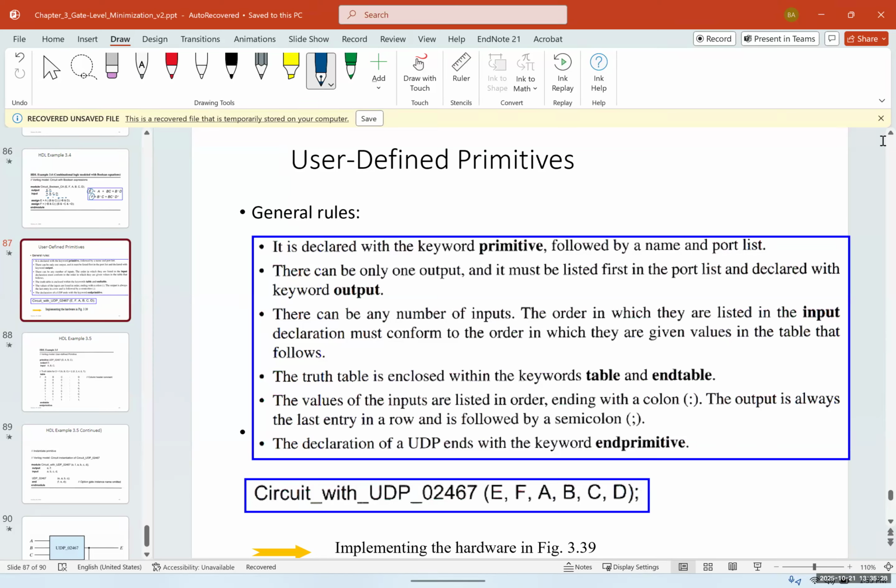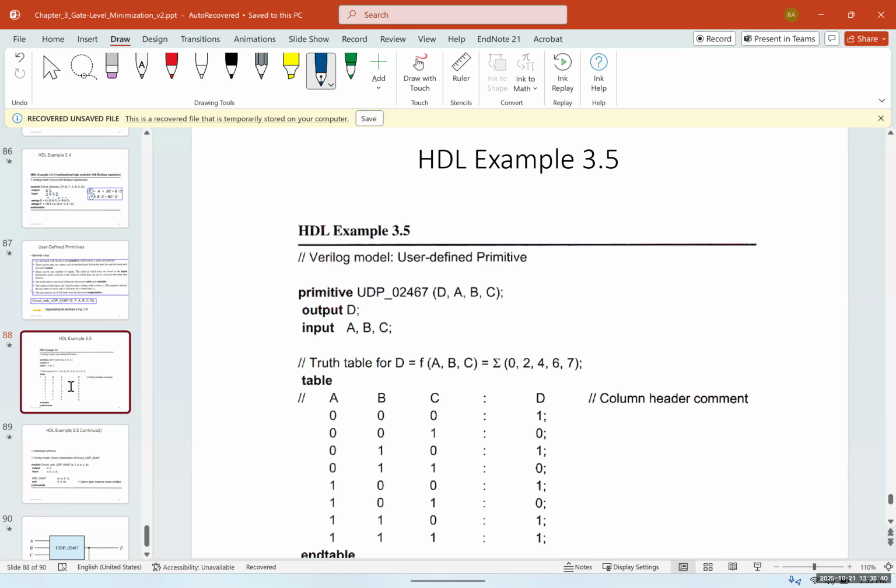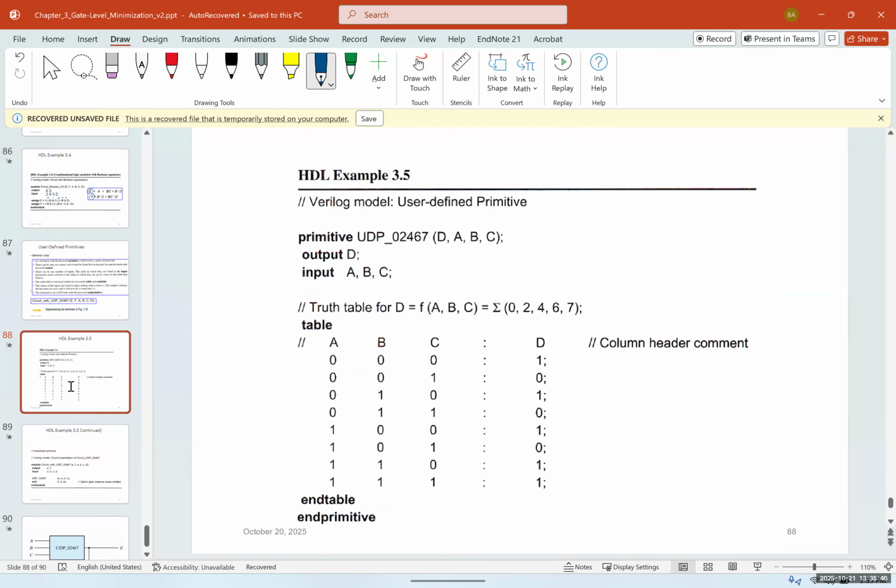The declaration of a UDP, or user-defined primitive, ends with the keyword end primitive. So here is an example of a UDP primitive, and we have the inputs and we have the truth table. And for the truth table A, B, and C, we can show the output D.